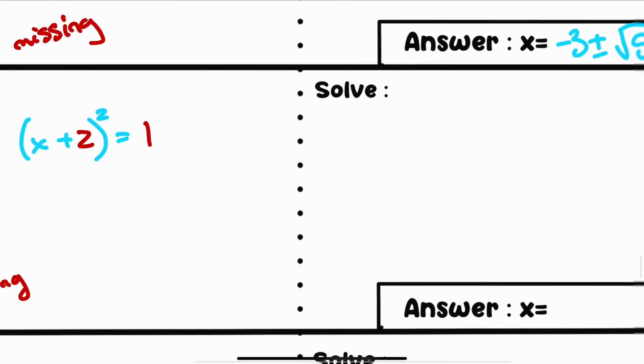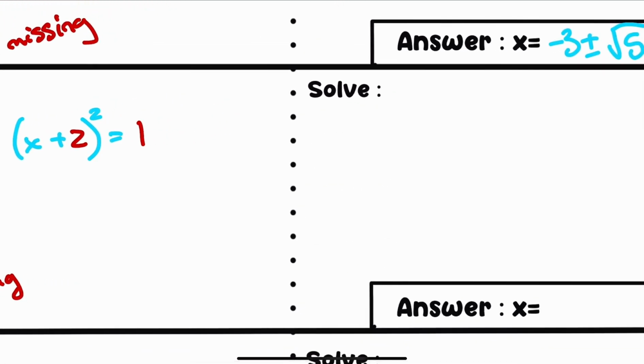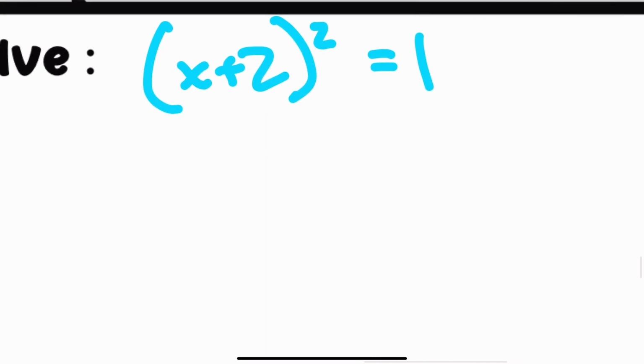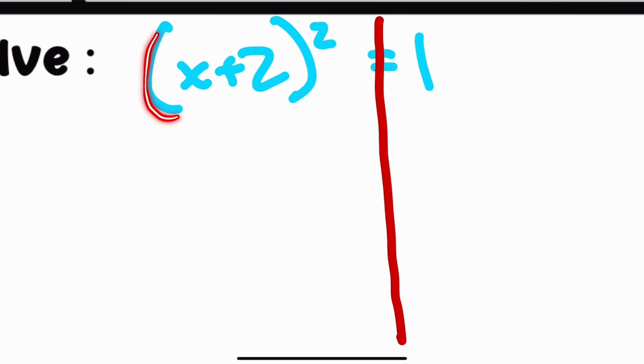So I'm going to take that equation that I just created. That was parentheses x plus 2 squared equals 1. And I'm going to start solving it by getting that x by itself. I'm looking at this. I'm seeing these parentheses and the squared are in my way.